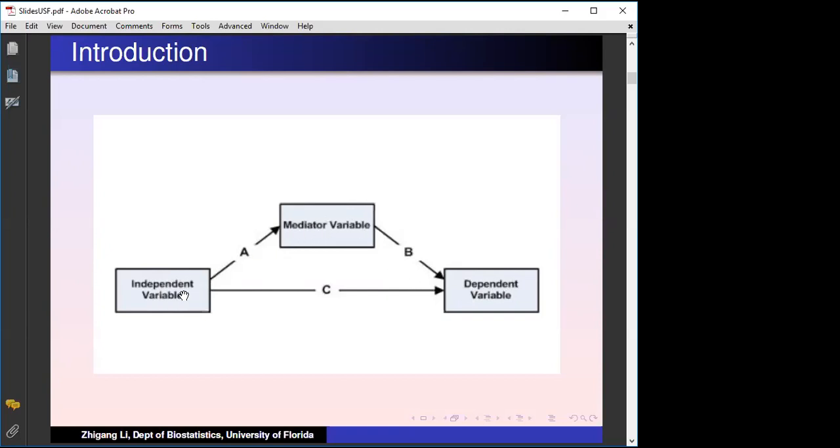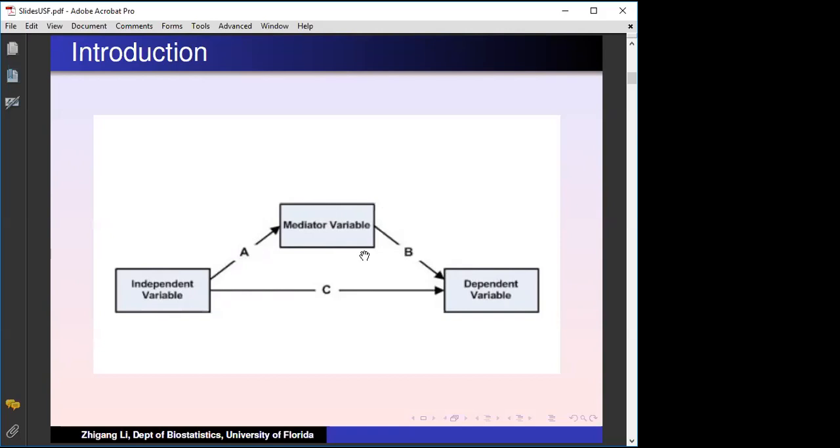You can think of this as a very simple two-step chain process. The independent variable will cause a change in the mediator. And that change, in turn, will cause another change in the dependent variable. That chain process characterizes the causal effect of the independent variable on the dependent variable.